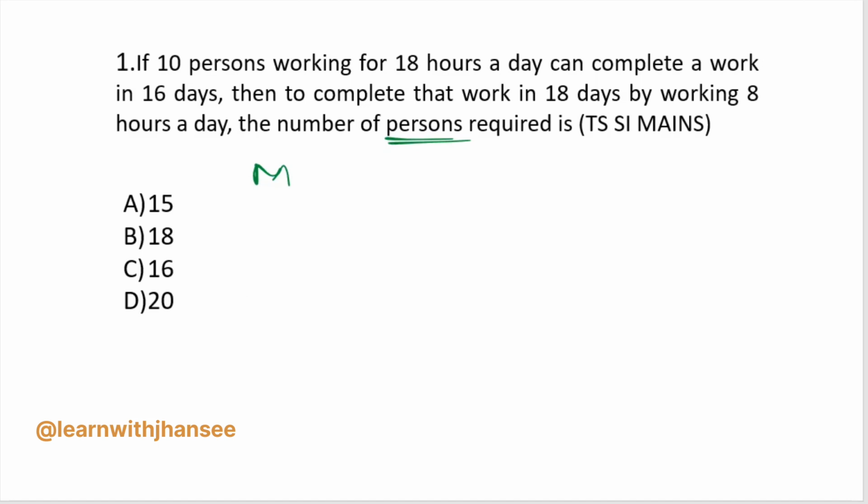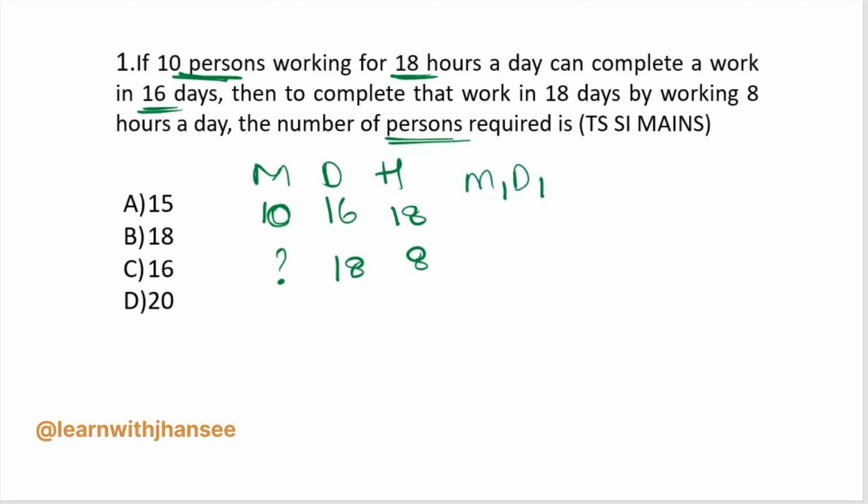In the first set, how many persons are given? 10 persons are working, and how many days? 16 days. And how many hours in a day? 18 hours in a day. And in the second set, to complete the same work in 18 days, working 8 hours a day, how many members are required? Substitute in the formula: in the first set we know M1 D1 H1, and we don't know M2, and D2 H2.